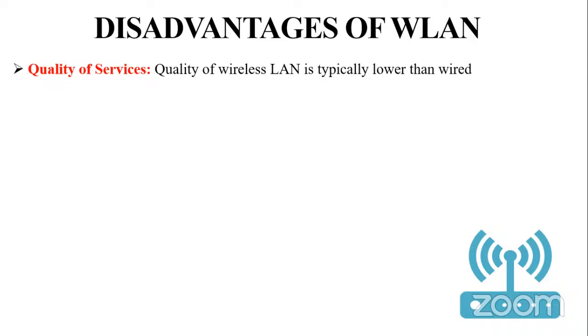If you have a dedicated link or medium connection between two devices, sender and receiver, the information will go very fast with no interrupts. Good quality of information will be transmitted if you have the dedicated link. In case of wireless LAN, the quality of service is lower than the cable.